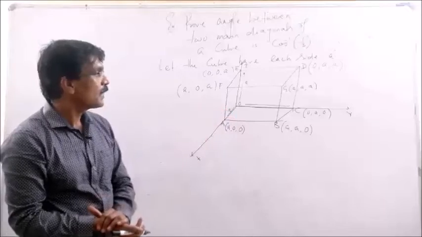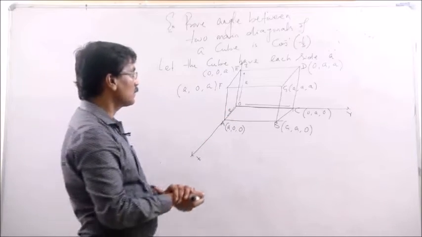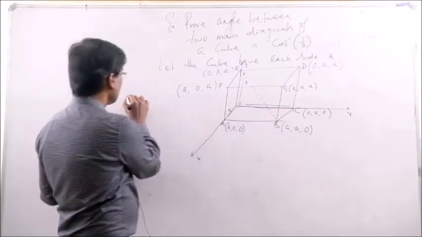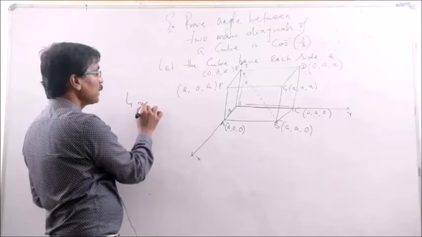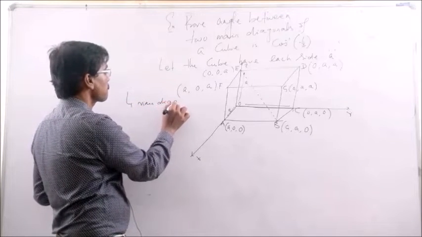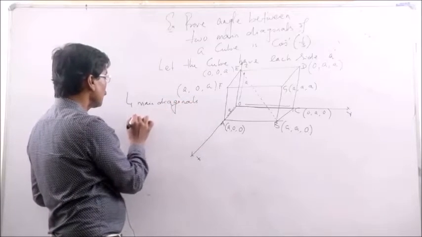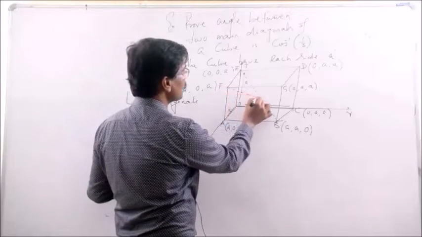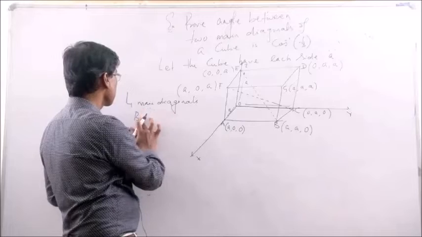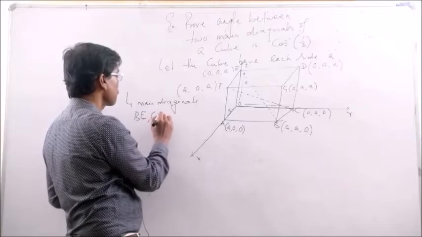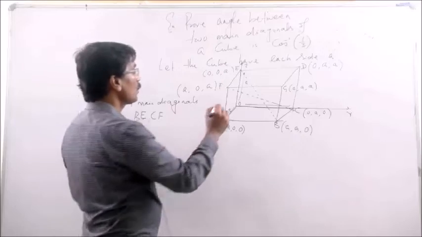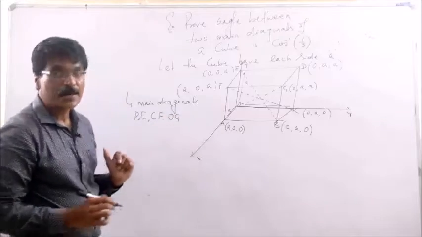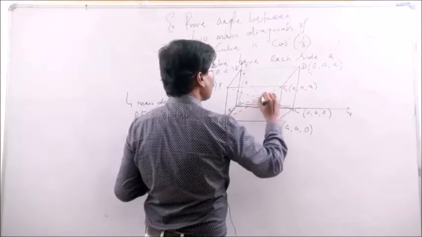So, a cube has 4 main diagonals. So, what are those 4 main diagonals? One is BE, another one is CF, next one is OG and AD.